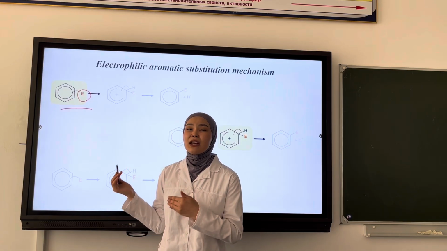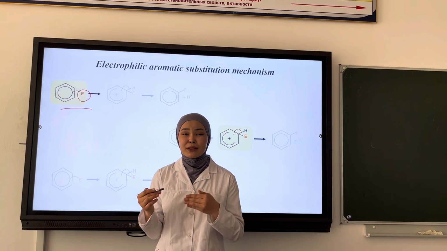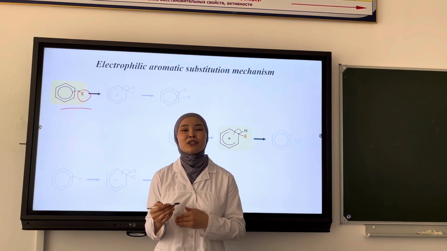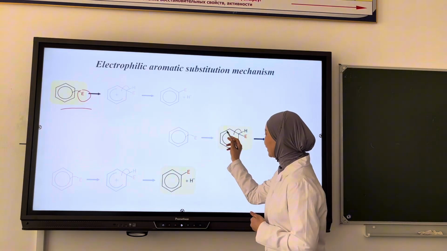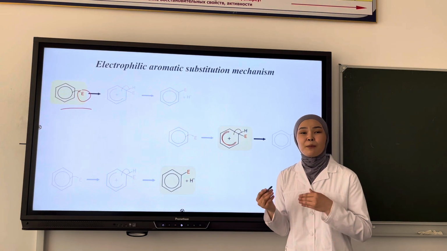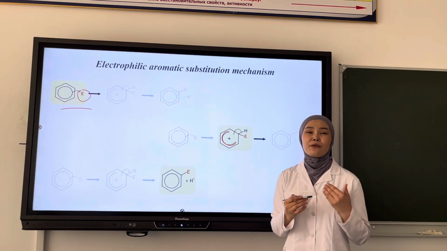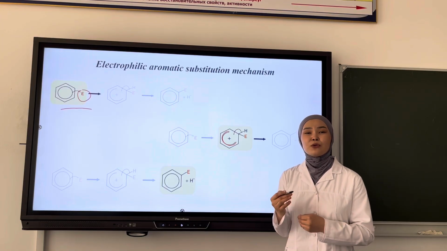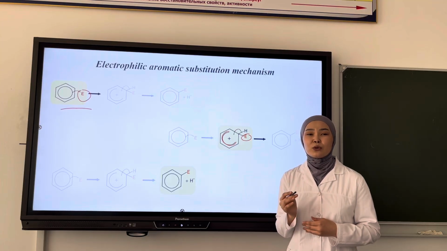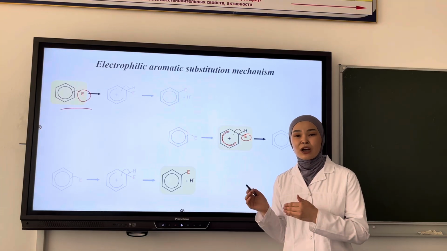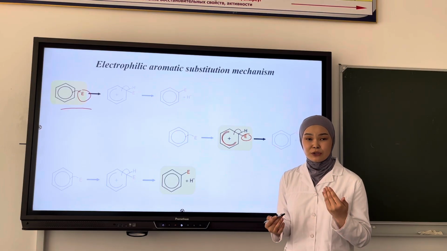This leaves us with a benzene ring where the delocalized pi system has lost electron density, which we can represent with a broken ring with a positive charge. We also have a new bond formed from one of the carbons to the electrophile. But we need to remember that this carbon was already bonded to a hydrogen.